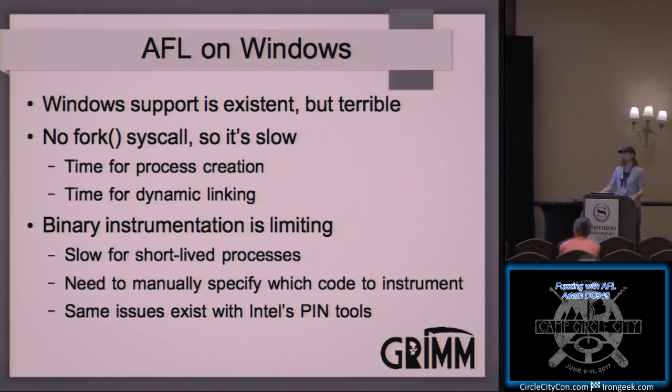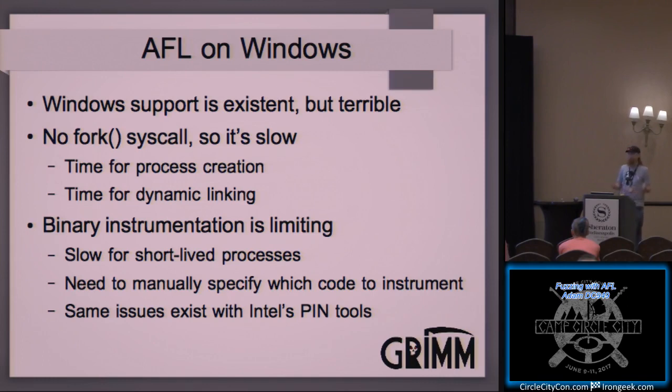And then one of the biggest problems that I have with it is you need to manually specify which code to instrument. With the compiler-based instrumentation, it just instruments everything. Absolutely everything. All your libraries, everything. And if you're using QEMU, again, everything that executes, it's going to be tracking execution on it. Well, that's not true with PIN.